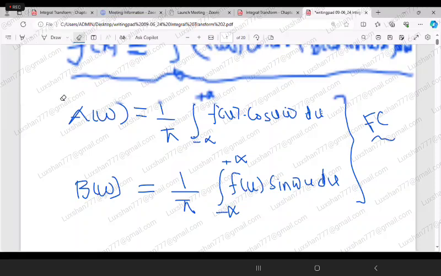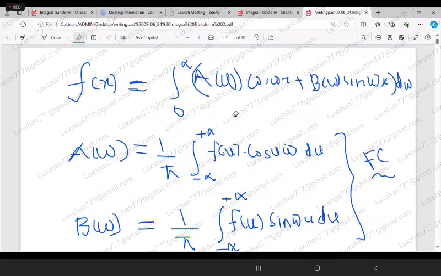Now, you can use this Fourier integral representation at each point of continuity.